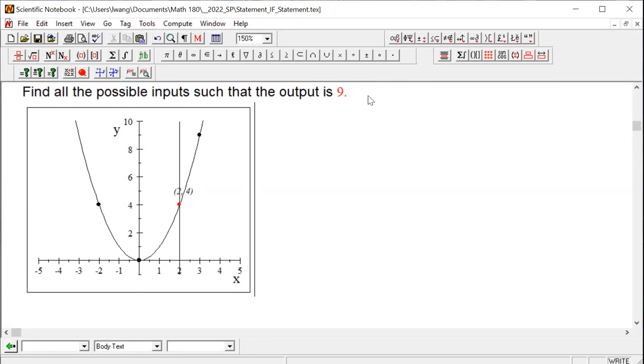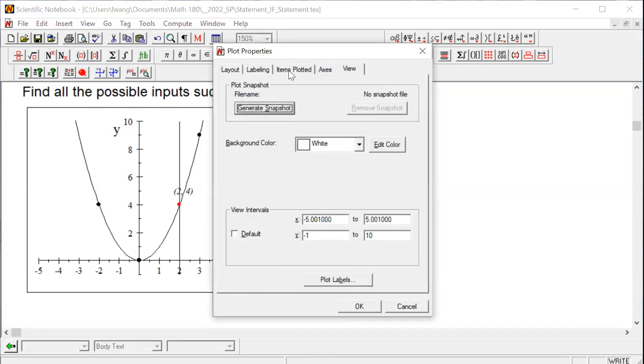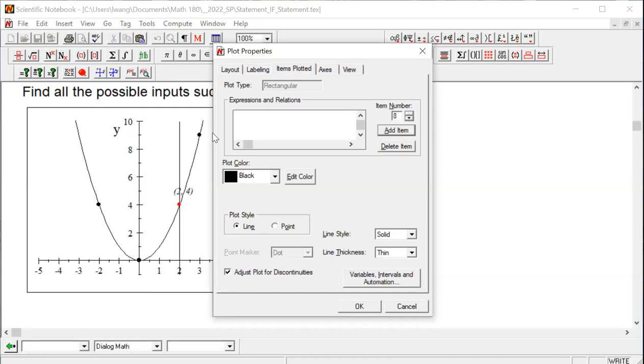The output is 9. Since we know the output is 9, we're going to draw a horizontal line, because the horizontal line tells us how high or how low, and those are usually the outputs. How far across, those are the inputs. We just talked about how to get from input to output.